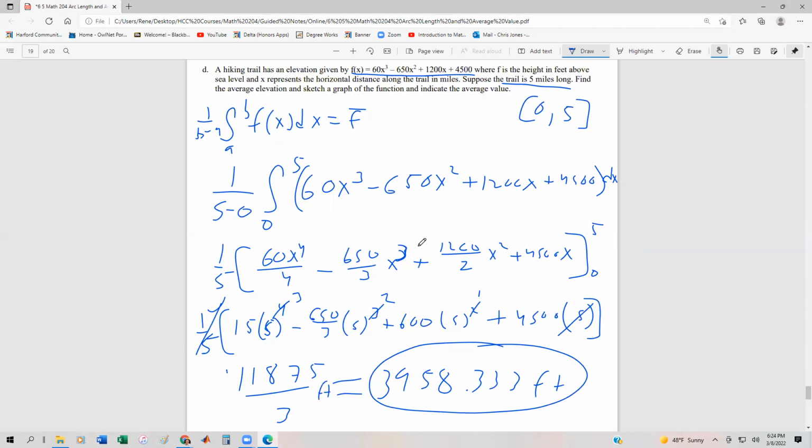Again, this would be in feet for an exact answer, but it probably would be good for us to have an approximate answer. So now we have to go through and sketch a graph and then indicate the average value.